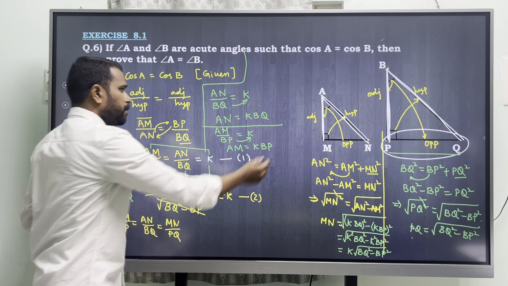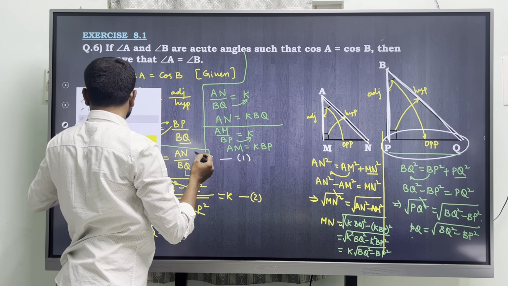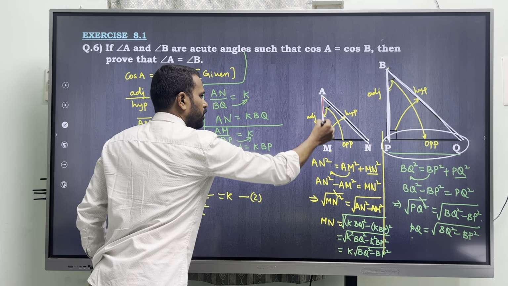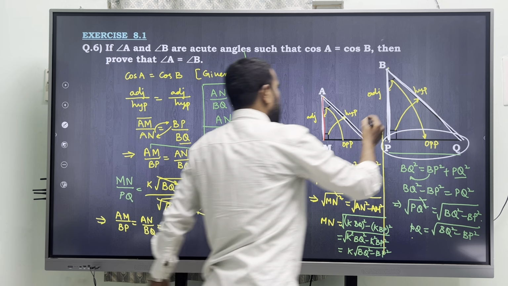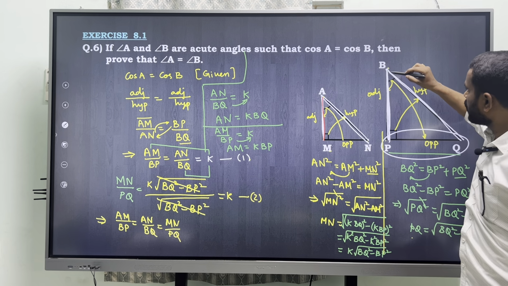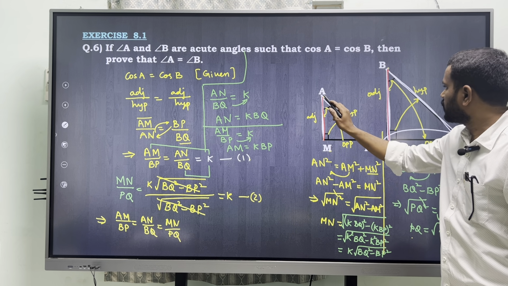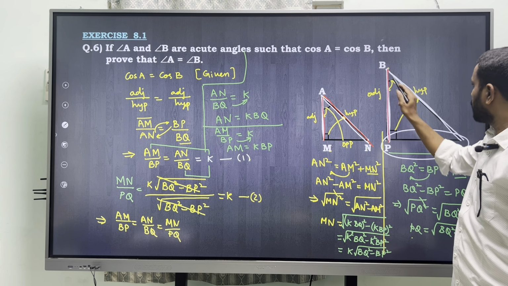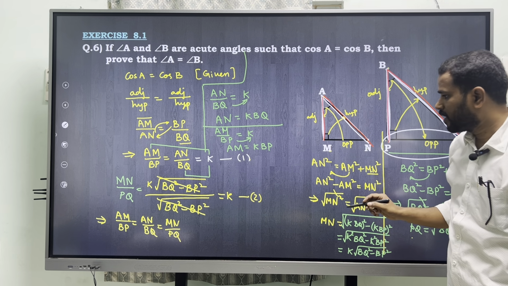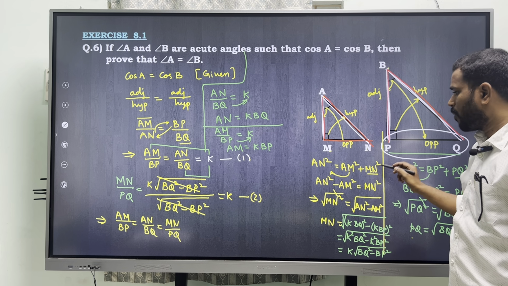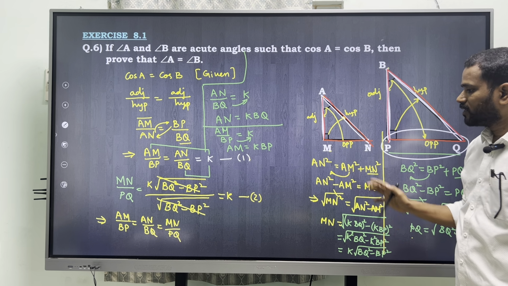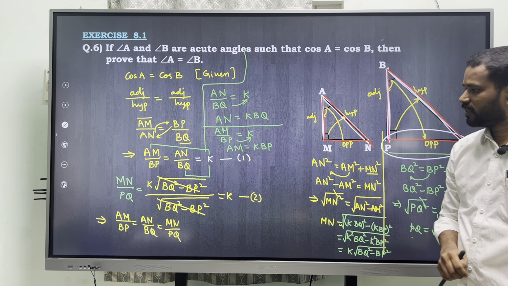See, AM upon BP is equal to AN upon BQ and MN upon PQ. These are all proportionate. Understand?